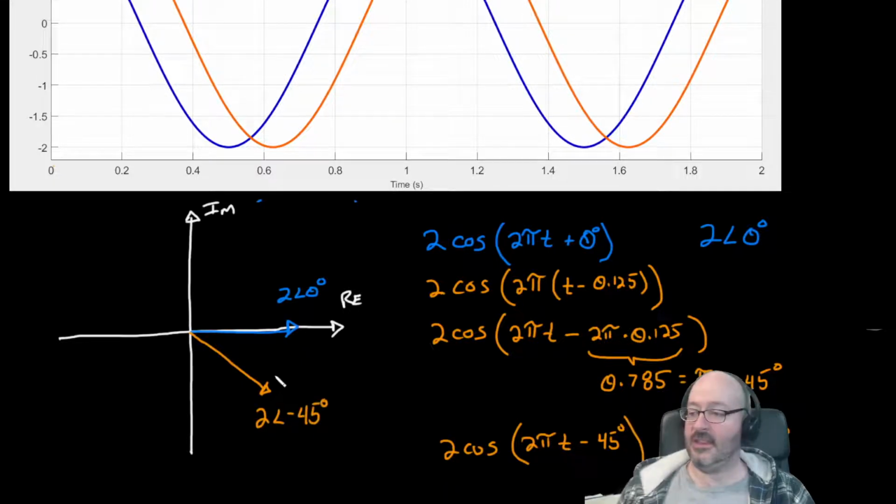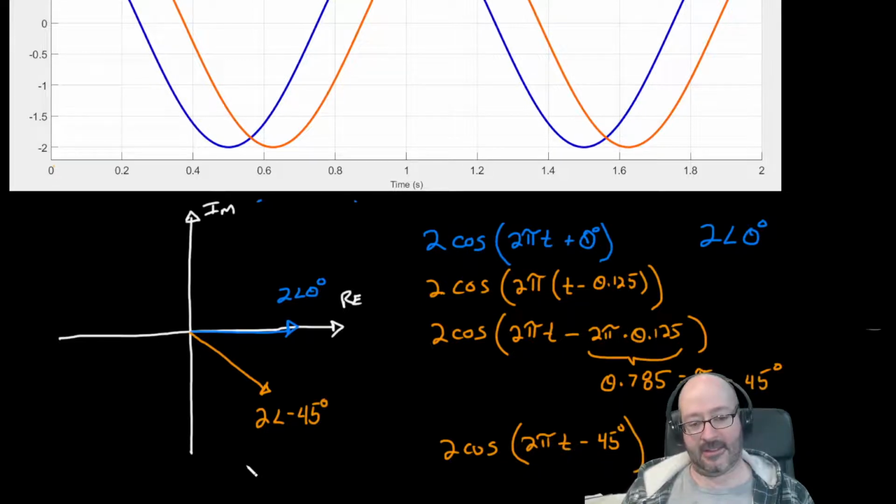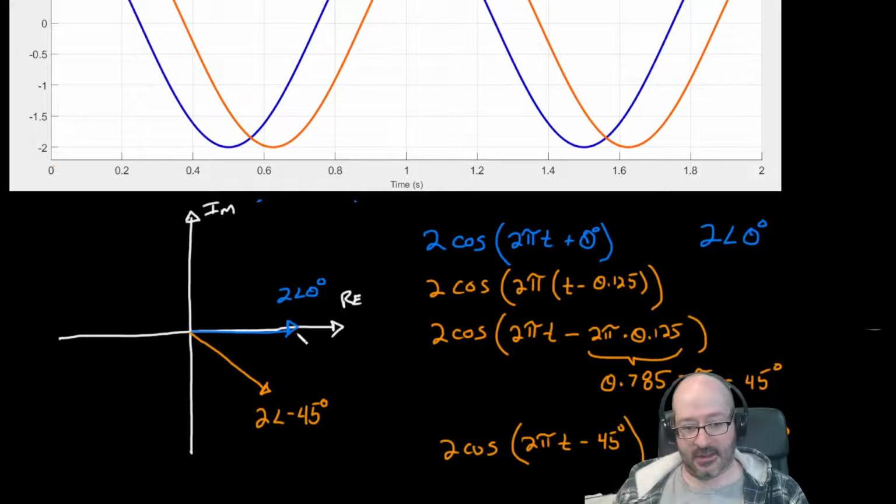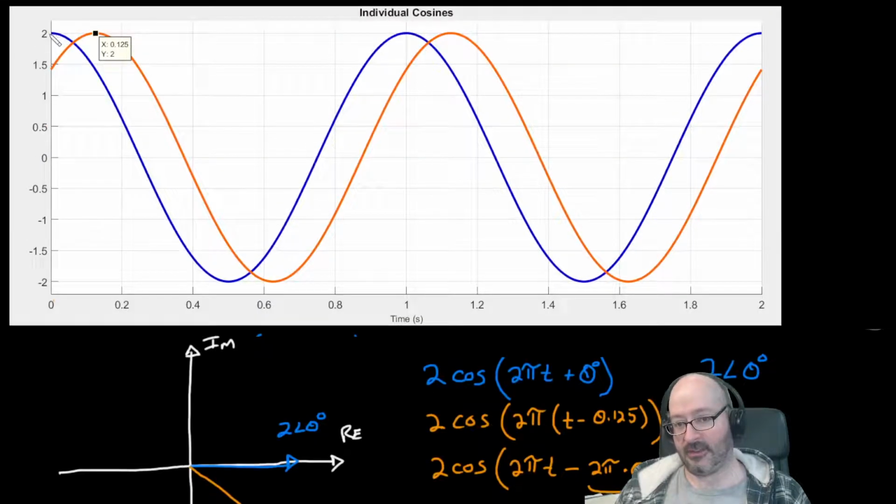Okay? These phasors are a snapshot of what's going on at t equals 0. So if I look at the distance from the tip back to the imaginary axis, okay, I can tell you that at t equals 0, the blue waveform is going to have a magnitude of 2. Okay, and it looks like that's the case up here.